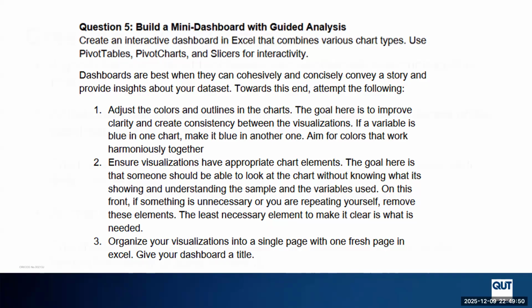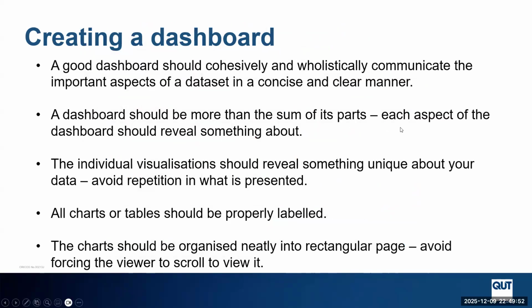Towards trying to communicate things clearly, we need to try and make each of the elements cohesive and harmonious with one another. So something that we can do towards this end is using consistent color themes throughout the dashboard, using coherent styles, right?